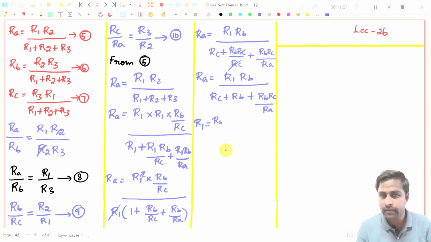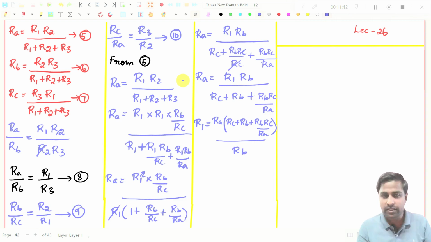Then this denominator will go to the other side as numerator. So this will be RC plus RB plus RB RC divided by RA, all divided by RB, right?